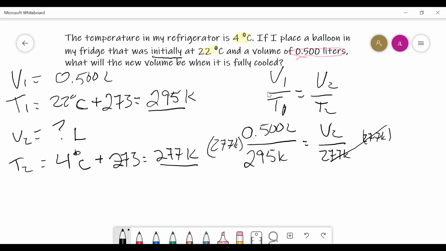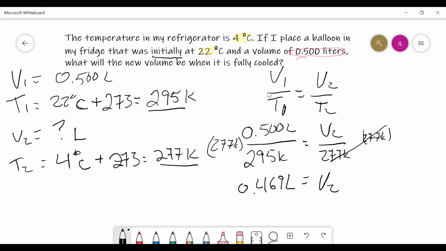Now we multiply that out: 0.5 times 277 divided by 295 gives me a final volume of, with 3 sig figs, 0.469 liters.